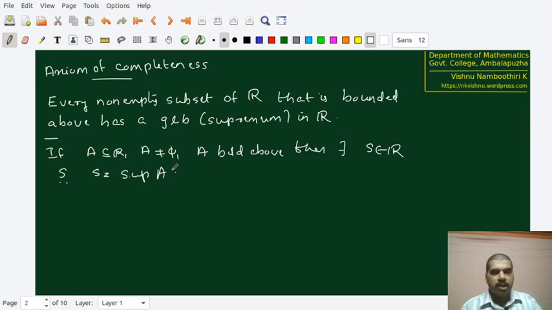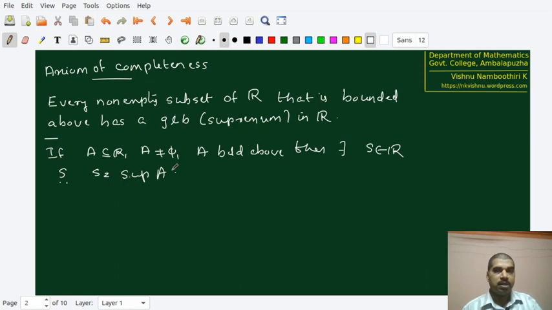So three conditions it has to satisfy: it's a subset of R, it is bounded above, it is not empty. If all these conditions are satisfied, the axiom of completeness guarantees that the set A will have a supremum in R.